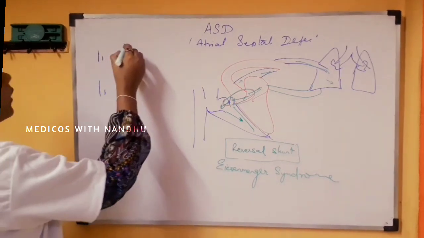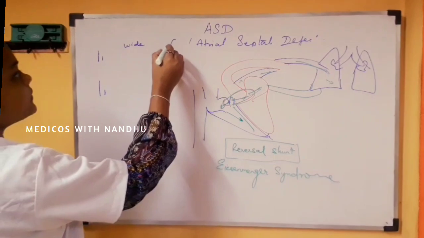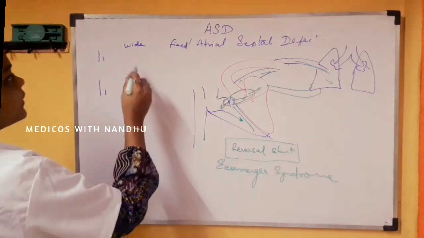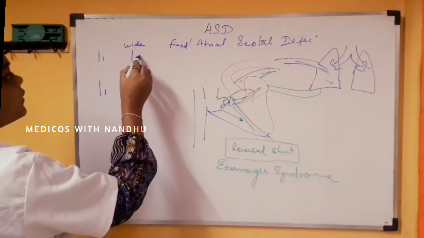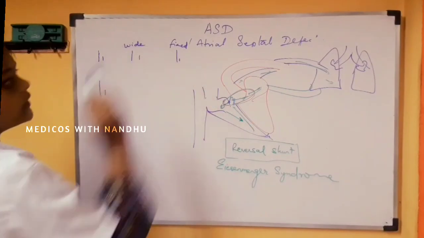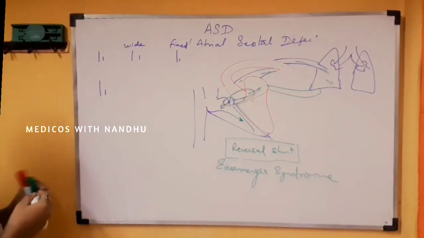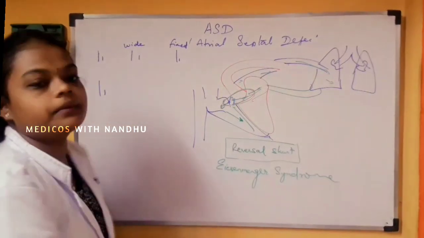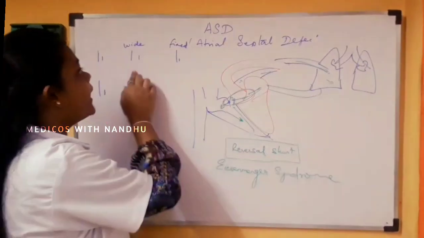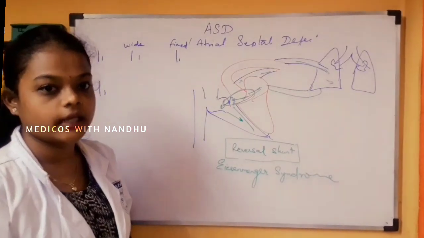In atrial septal defect, the splitting of the second heart sound is wide and fixed.